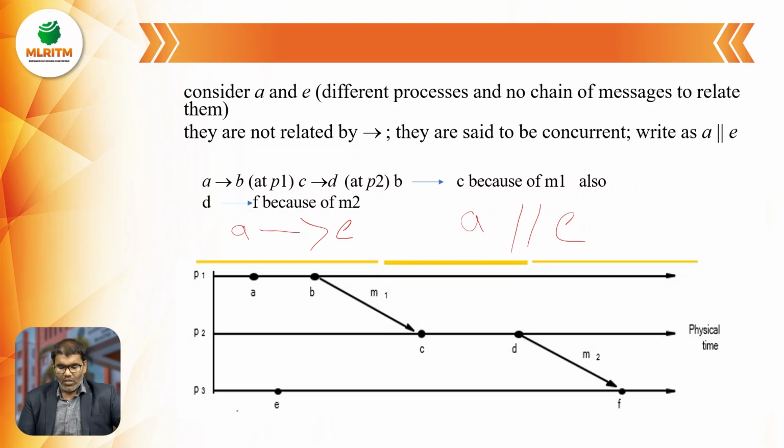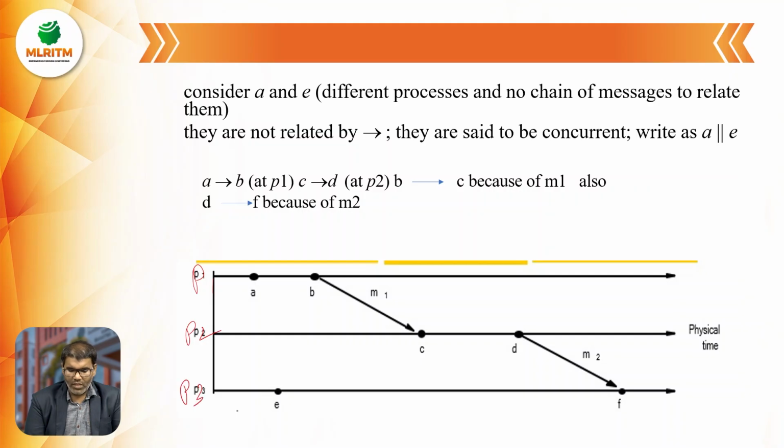So here for messages we are taking process 1, process 2, process 3, and here A, B, C, D, E, F. These are the events we are taking, and first A is sending the message to B, and B is sending the message to C by the message M1, and C is sending the message to D, and D is sending the message to F by M2.